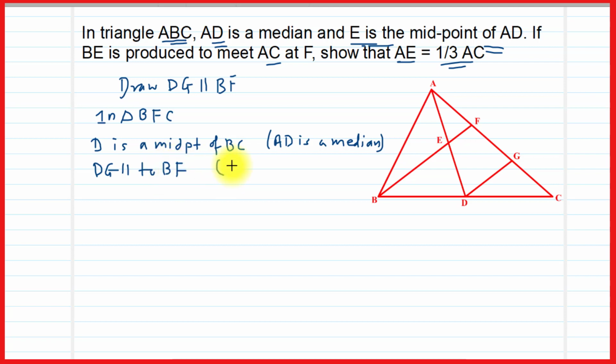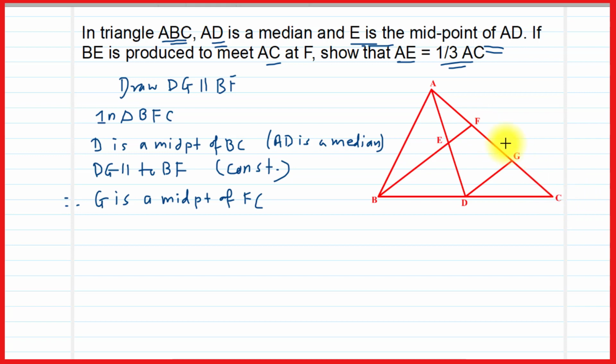we know that a line passing through the midpoint of one side and parallel to the other side also passes through the midpoint of the third side. Therefore G is the midpoint of FC.